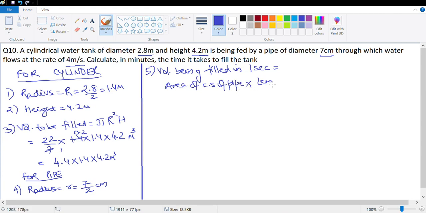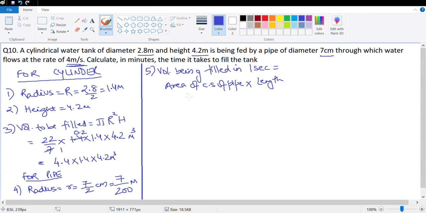In this case the length is 4 meter, right? And since this is given in centimeter, we need to convert this into meter. So this would be 7 upon 200 meter. Let's reconfirm. Yes, that will be 7 upon 200 meter.